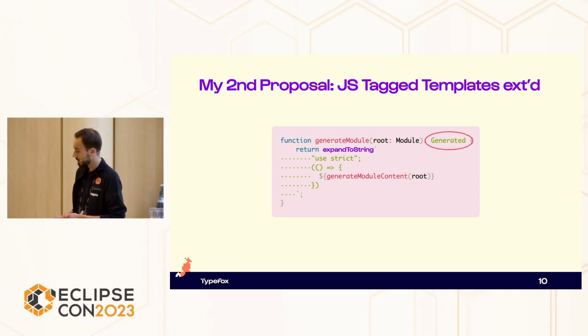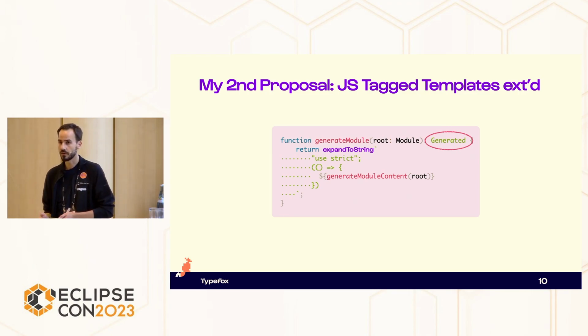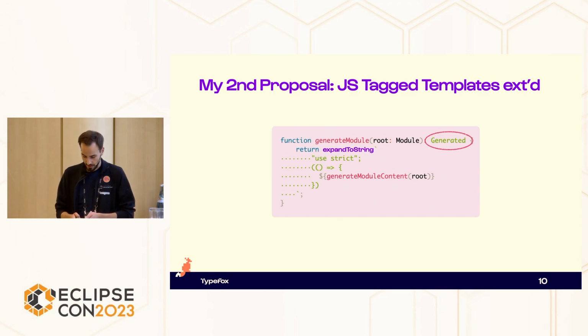Let's take the idea of the tag templates, but let the method not produce a string, but something more abstract, something that is annotatable, something that is inspectable later on, and something that is maybe even manipulatable. Let me refer to that as something that is generated. What might something generated be?